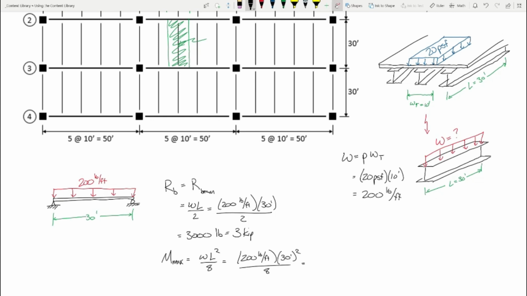And so what do we get for that? What's that? Did you square it?